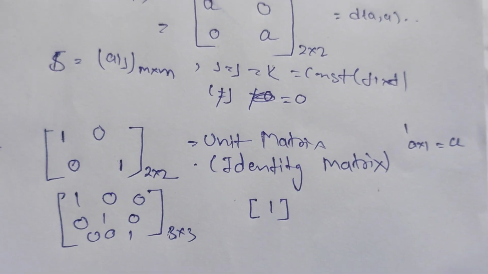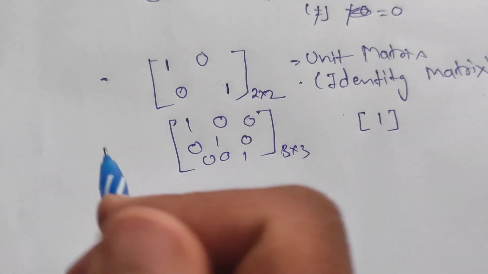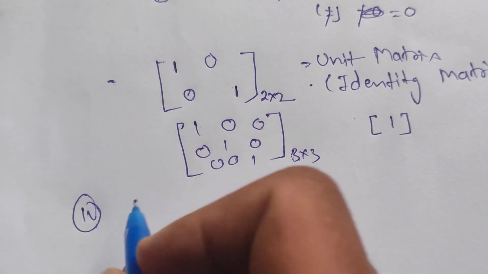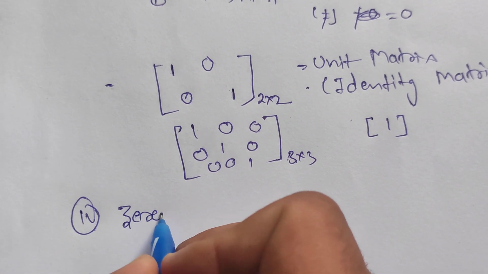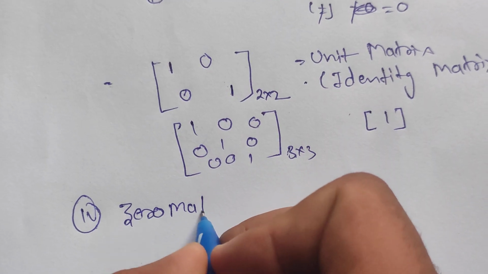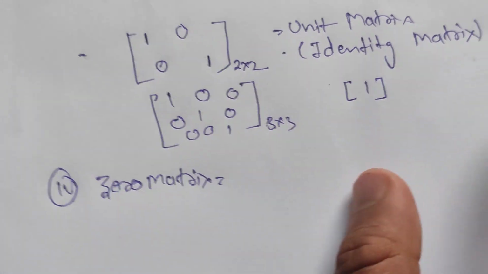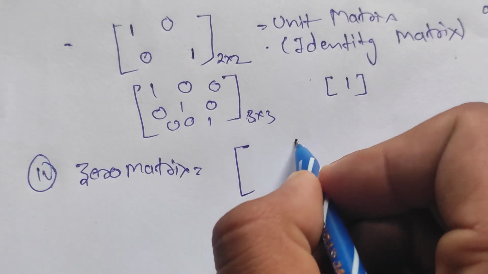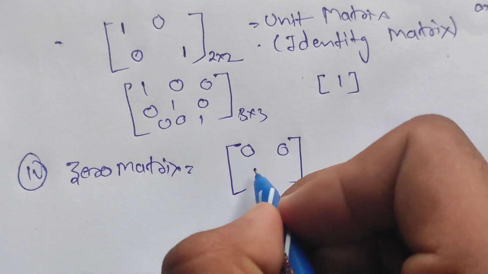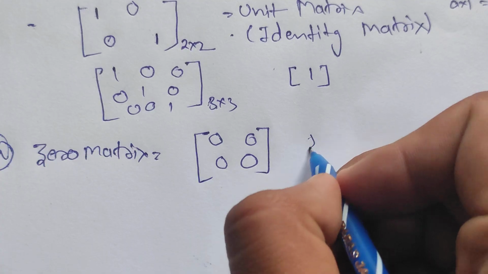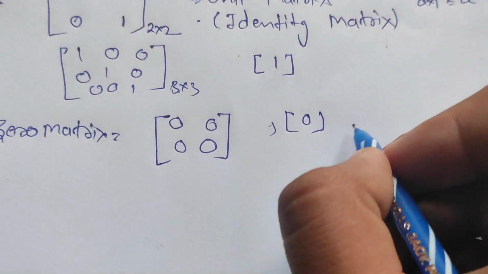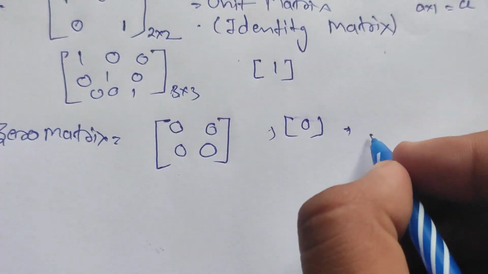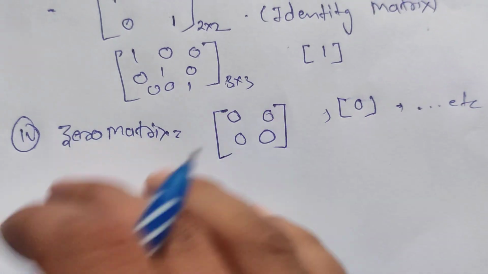Now the fourth type is the 0 matrix. A 0 matrix is one where all the entries are 0.